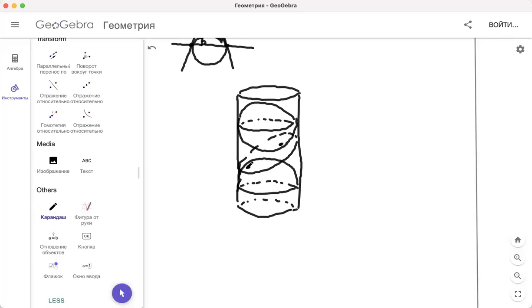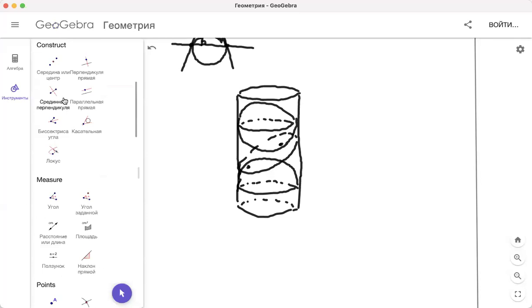And Dandelin observed that these tangency points are exactly the foci of this ellipse, of this section. It is a well-known construction, and it is interesting that it may be used to prove the generalized property.